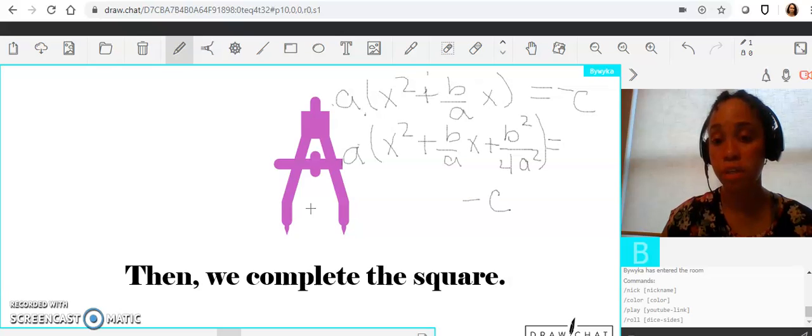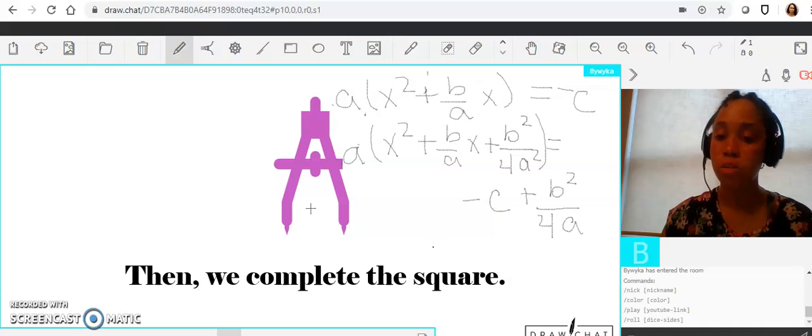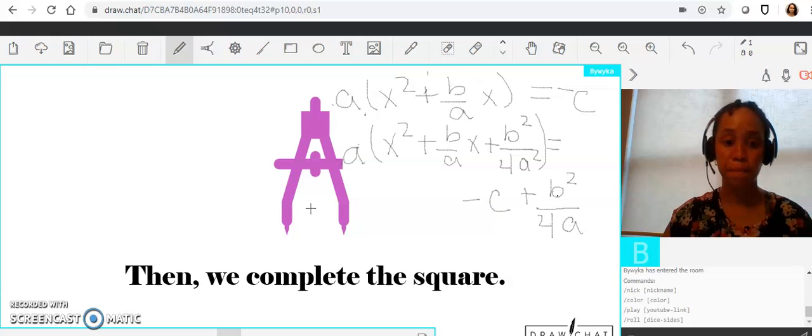So we have negative c plus b squared all over 4a. So what happened to the a squared? Well, we multiply by this a, remember? So a times b squared over 4a squared. One of my a's is going to cancel out here. So it's going to leave me with just 4a.